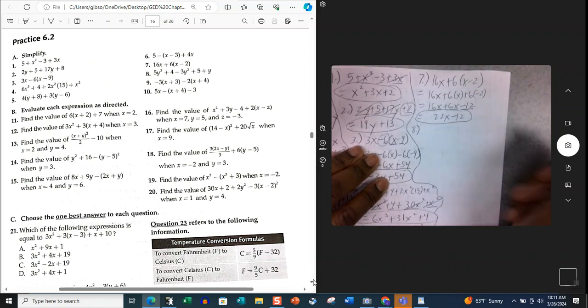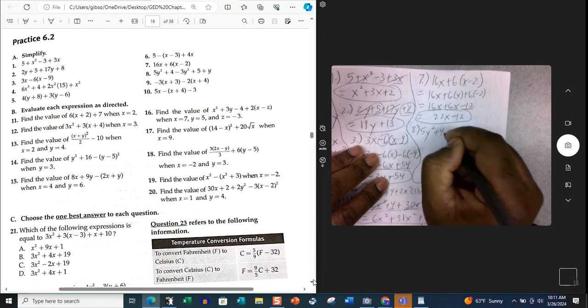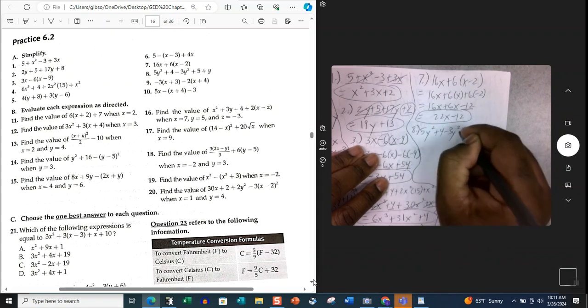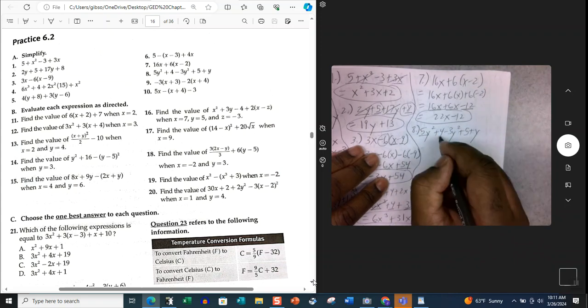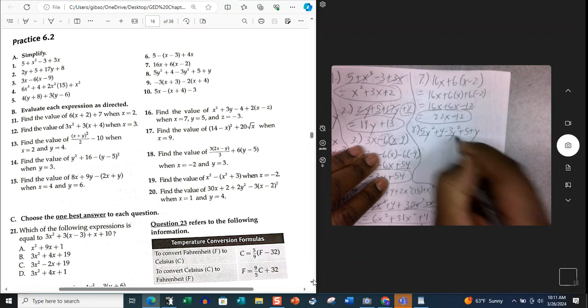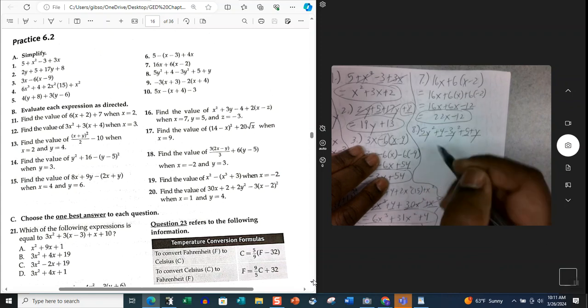Problem number 8. We have 5y squared plus 4 minus 3y squared plus 5 plus y. Now again, this is one term, this is another term, another term, another term, and another term. So first we look here at the variables. We have our y squareds, we can combine them.